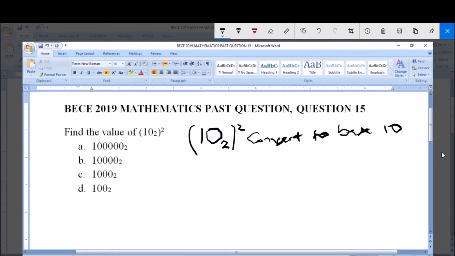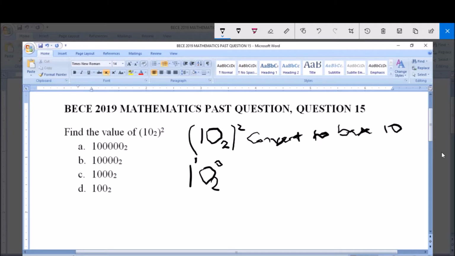Now 1 and 0 in base 2 to base 10. Like we know, we give them power starting from the right, from 0 upward. So when you're starting from the right moving to the left, you begin to give them power starting from 0. So you have 0 raised to the power of 0 and 1 raised to the power of 1. Now what's next?